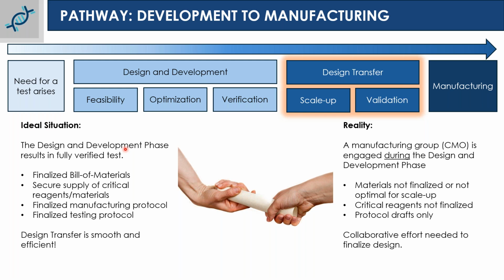The materials may not be completely finalized or not optimized for scale up and manufacturing. The critical reagents may not be finalized, and protocols are draft only or may need to be altered. So really, we think about design transfer as a collaborative effort between the development team and the manufacturing team.